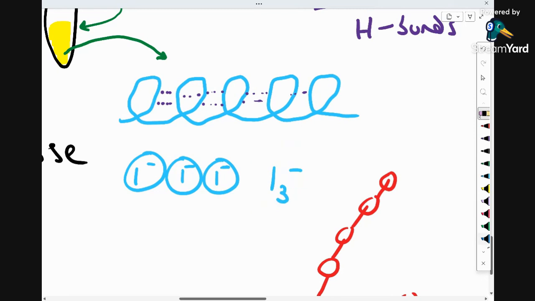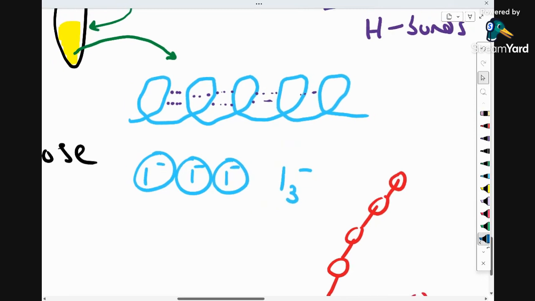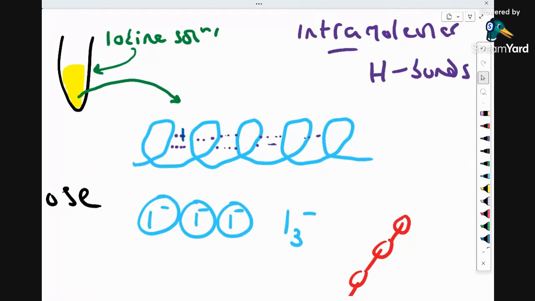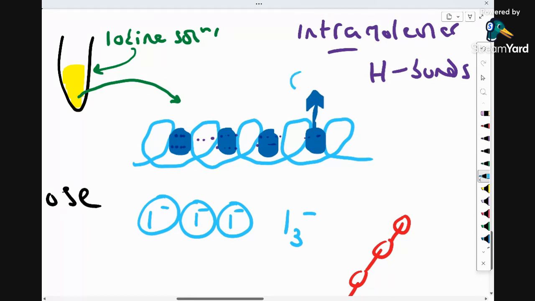Essentially, these can intercalate within or between coils. So you might get 3 of them here, 3 of them here, 3 of them here, 3 of them here. Zooming into each one of these dark blue blobs, of course, we have 3 individual iodide ions, as you can see here.